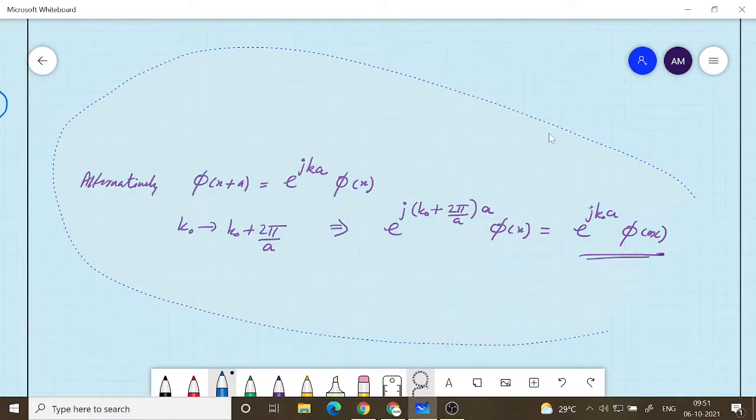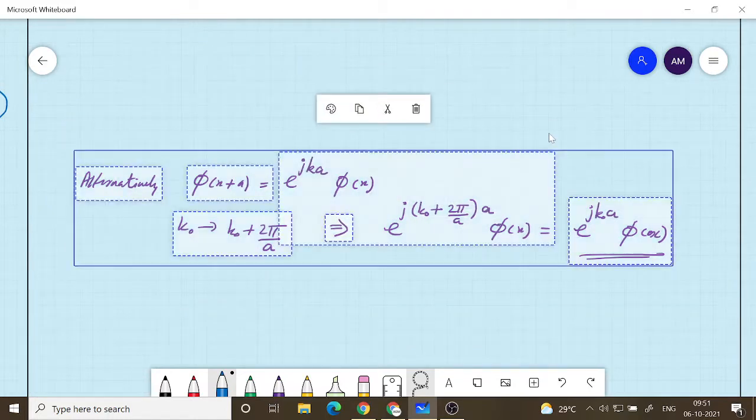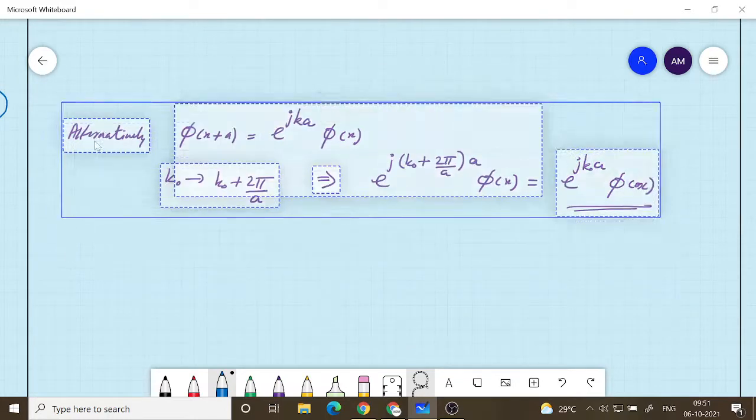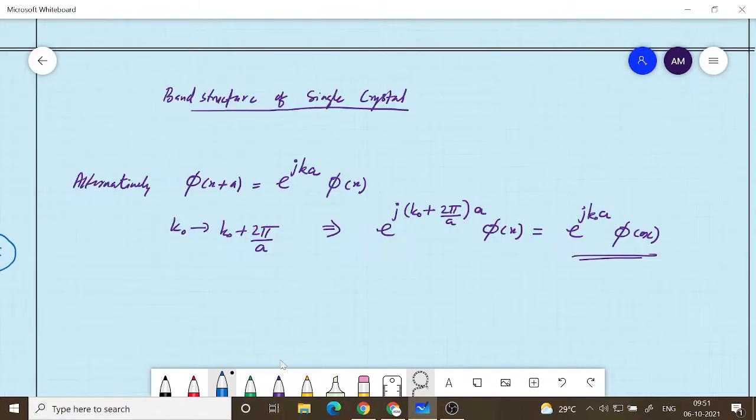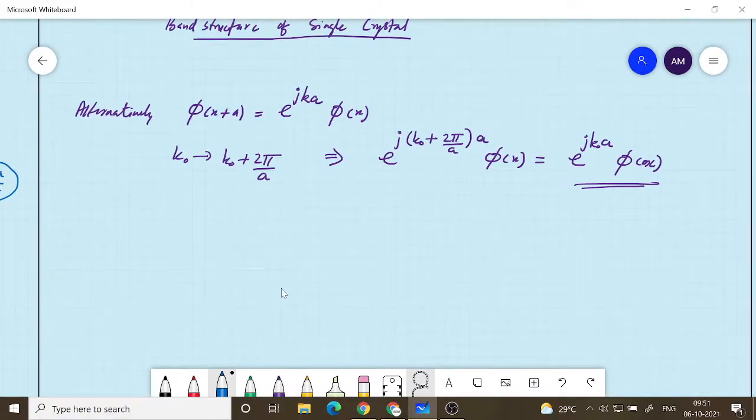So let me just shift this a little bit up. This is what I'm trying to say: the Bloch function has a phase factor k. When the value of k goes from a particular value and is increased by an amount 2 pi by a, then we get the same Bloch wave function.